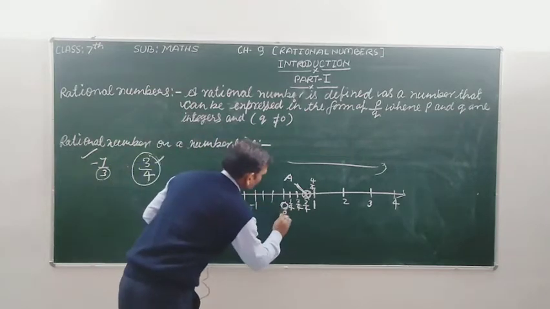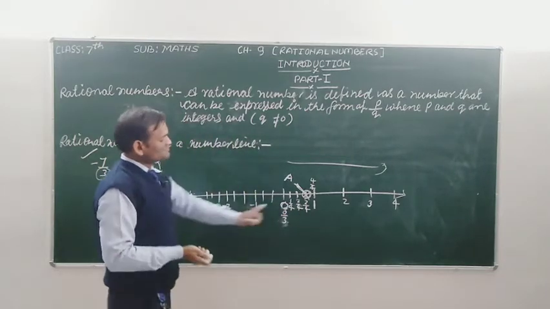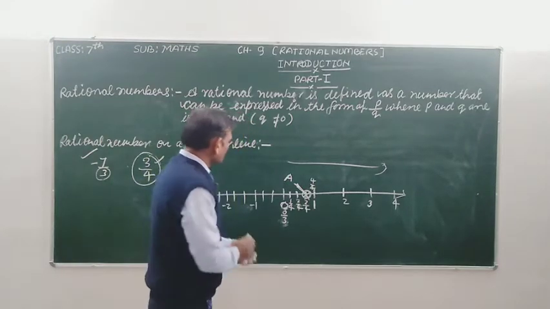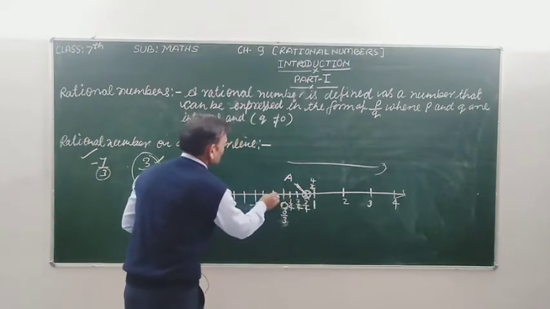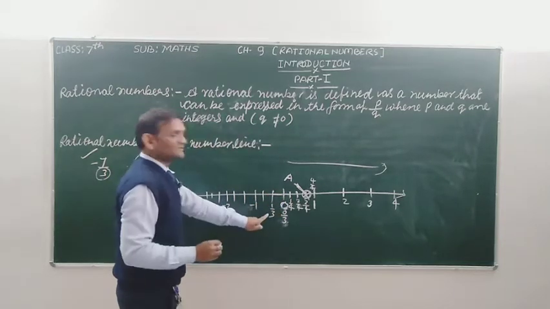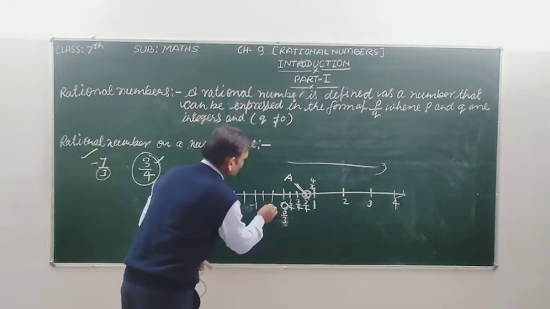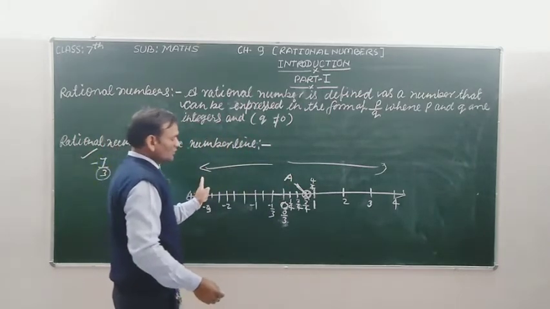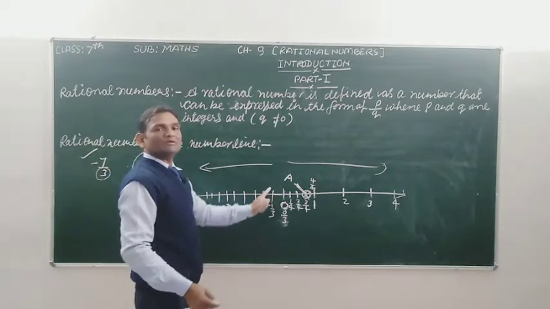First 0 means 0/3, and when you divide 0 by 3, you will get 0. And the first part shows minus 1/3, sorry student, because we are moving to the left side from 0. So all numbers will be negative.